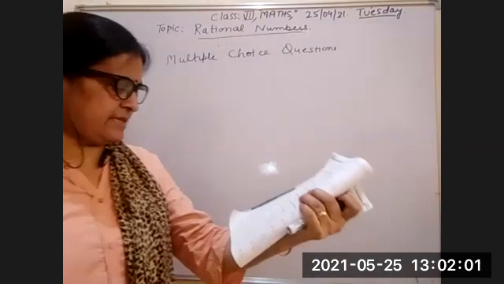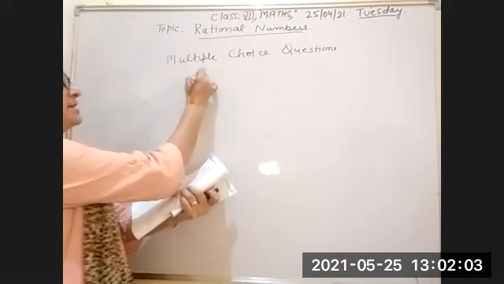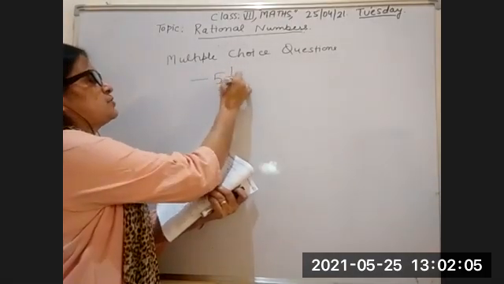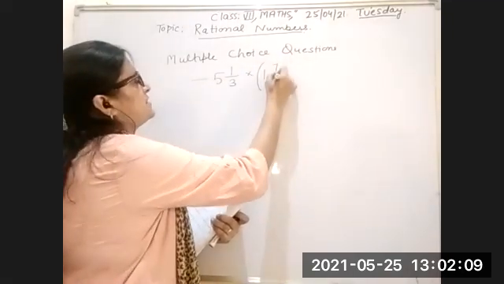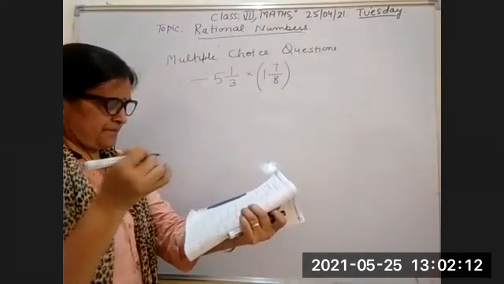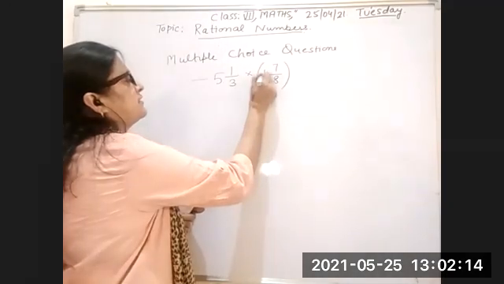One more question I will take. Multiply, find the product. Minus 5 and 1 upon 3 into minus 1 and 7 upon 8. Minus sign is given here. Okay.